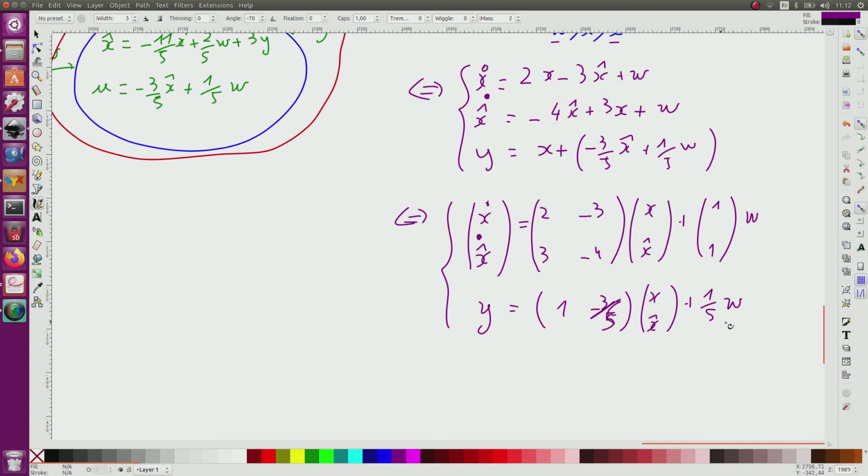So this is the state equation of my closed loop system, and the stability of my closed loop system is related to this matrix, which is the evolution matrix of the closed loop system.